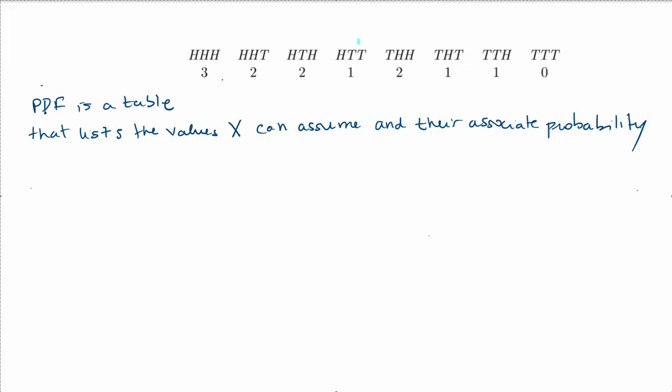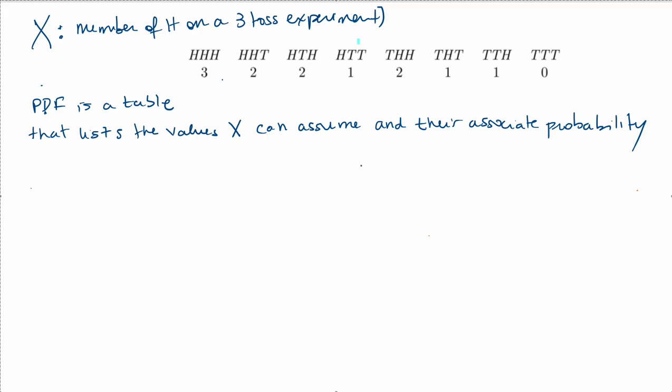Okay, let's break this down, okay? So let's go back to our experiment where x was the number of heads on a 3-toss experiment. Okay? So here are the outputs that we had.